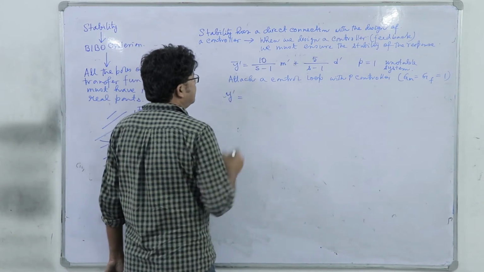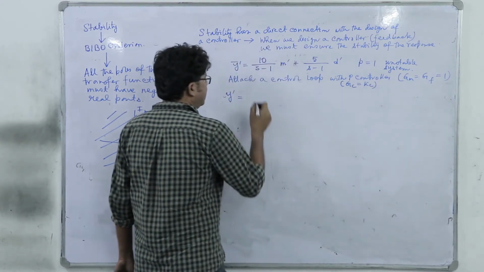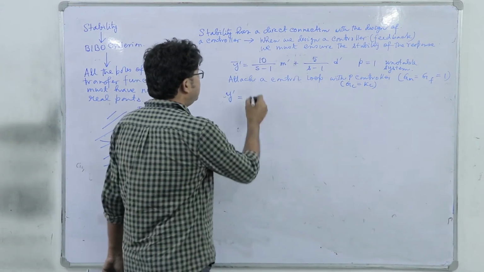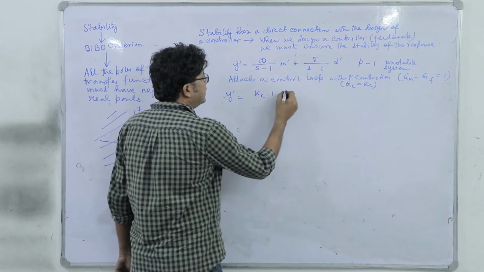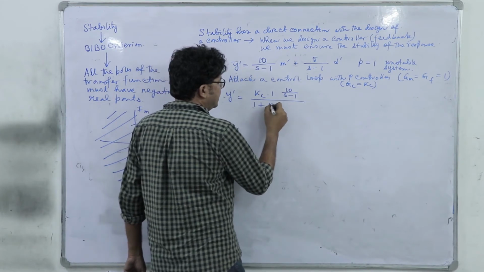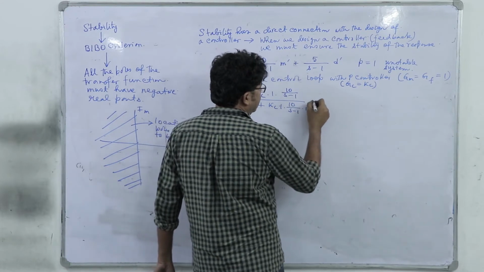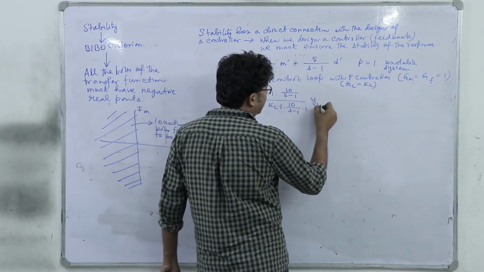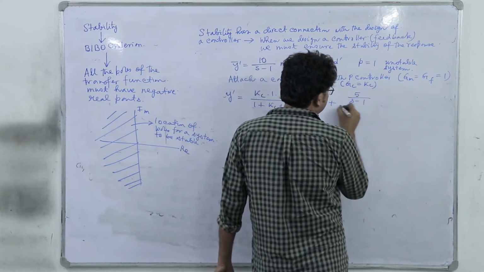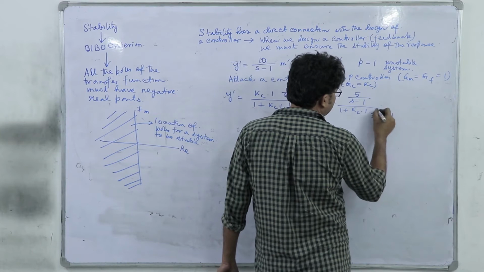So, now for a P controller, GC equals KC. Now, Y prime is basically GC, GF, GP: GC is KC, GF is 1, GP is 10 divided by s minus 1, over the denominator 1 plus KC into 10 over s minus 1 into 1, into Y_SP prime, plus GD, where GD is 5 divided by s minus 1, denominator remains the same, into D prime.